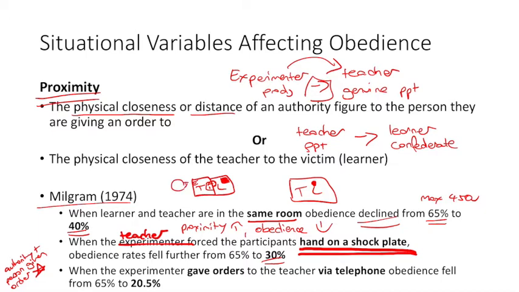But in this variation, the experimenter was not in the room with the learner. This time, the experimenter was giving those orders, those verbal prods, to the teacher via the telephone. And when we decrease the proximity, i.e. we're increasing the distance, then obedience decreases.